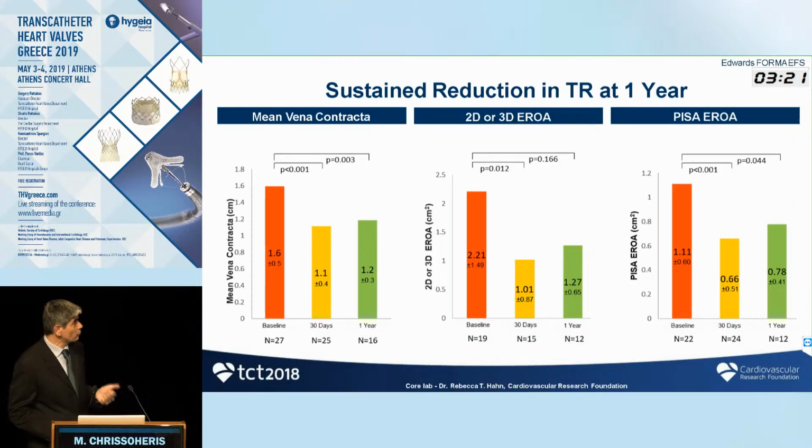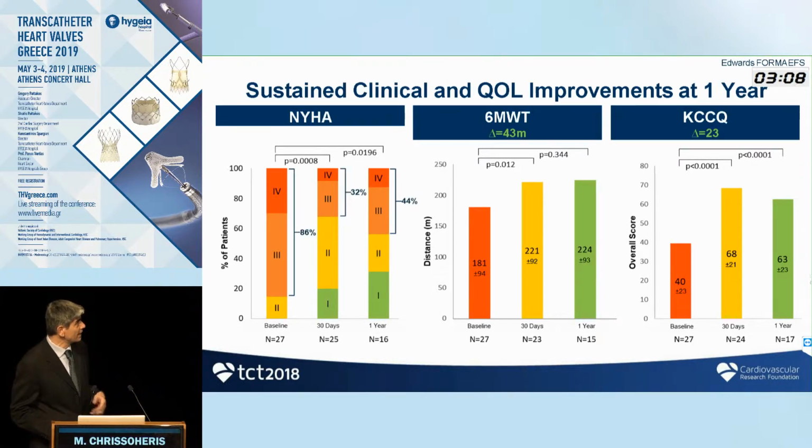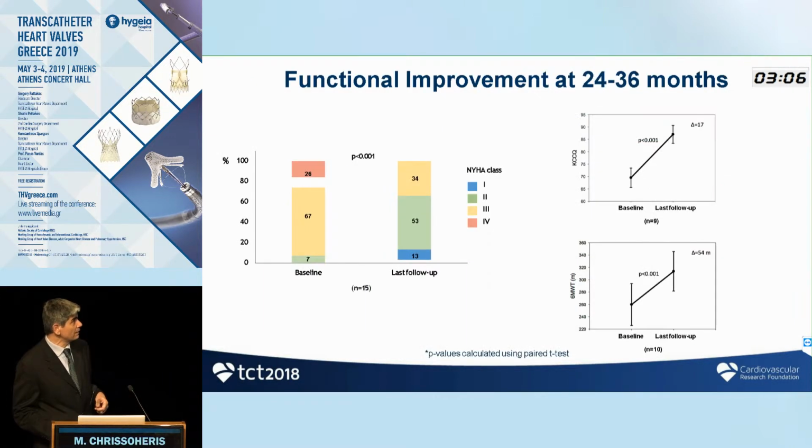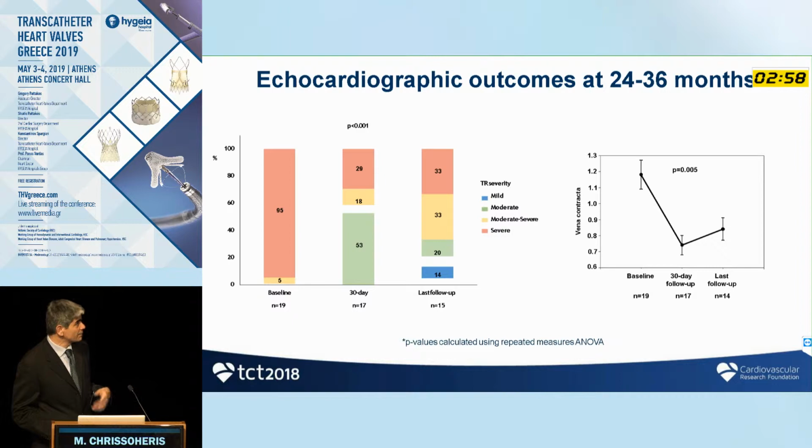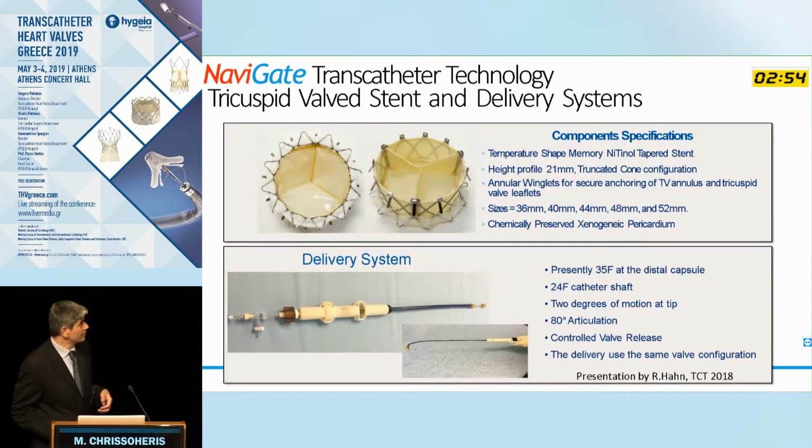There are some data for 1-year results which are very promising, decreasing the effective regurgitant orifice area, albeit most patients had torrential regurgitation. And that led to improvements in clinical symptoms. And there's also some data for long-term follow-up at 24 to 36 months showing persistent improvement in the degree of tricuspid regurgitation and in terms of symptoms.